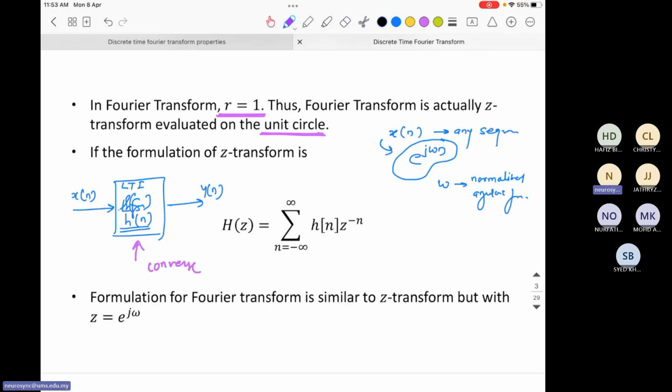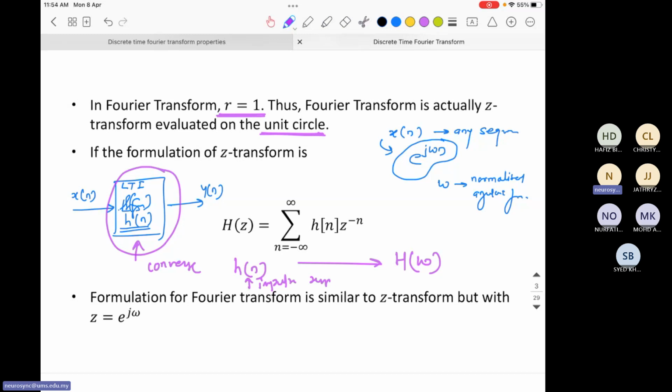Then only we can get the frequency response of this system. Okay. So h of n is the impulse response, and after the Fourier transform, we will get h of omega, capital H of omega.